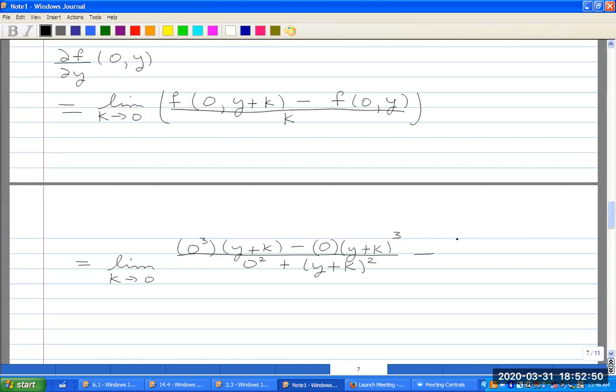This is assuming that y is not 0, but then in the next line, no matter what, it's going to be the same thing. So 0 cubed times y minus 0 times y cubed over x squared plus y squared, all divided by k.